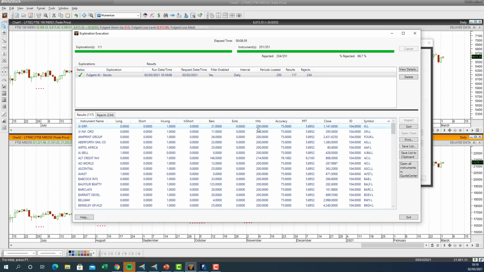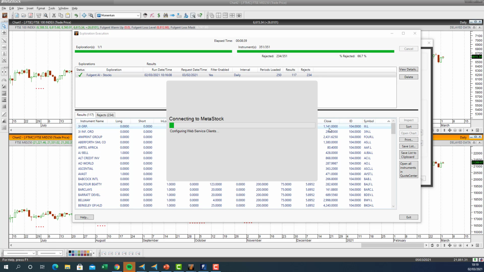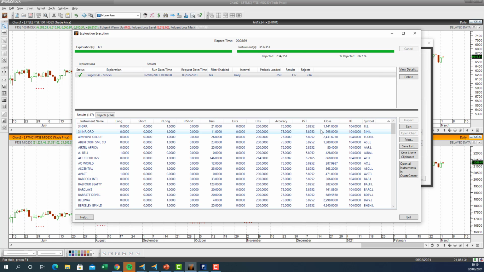Hits. This means the 200 times in the testing period. This particular strategy 104, which is a classic swing trade, occurred 200 times with 75% accuracy with 5.8% as the average return over the testing period. So that's quite a powerful return, quite a good return, considering it's 75% accurate.